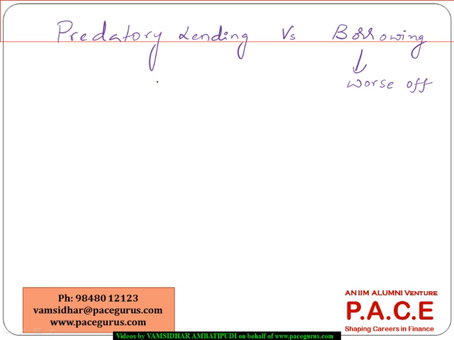It is becoming very difficult to refinance or close down the existing loan, especially if prepayment penalties are kept at an extremely high level. So the borrower becomes more and more worse off after taking the loan compared to before taking the loan. That is one scenario which is called the predatory lending process.